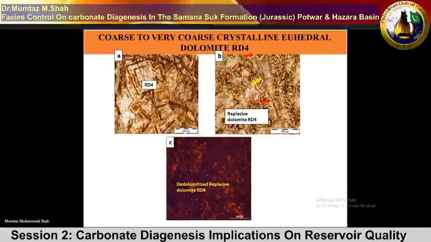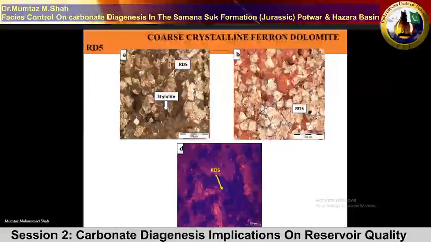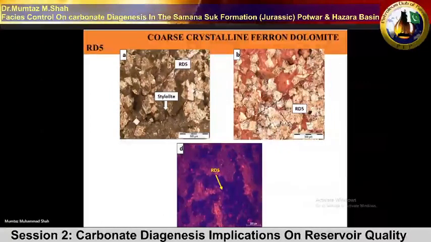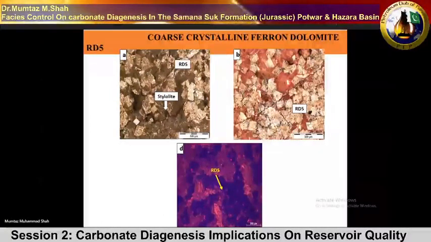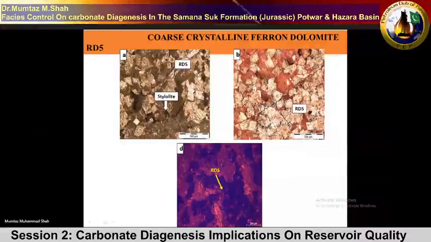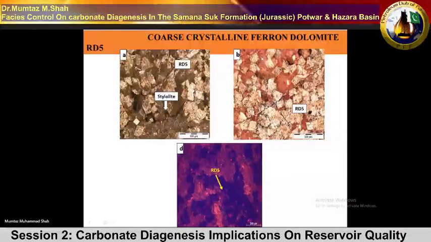Similarly, over here, coarse crystalline ferroan dolomites, in between which we have the calcite, which we are able to observe based on the staining of this particular sample.